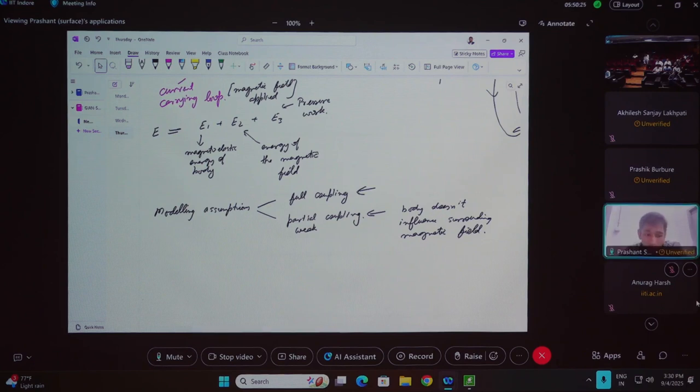But then again, I think you can do the full coupling as well. Right, so what happens if you have partial coupling, in this case, delta E2 is always 0, no matter what, because E2 is constant.